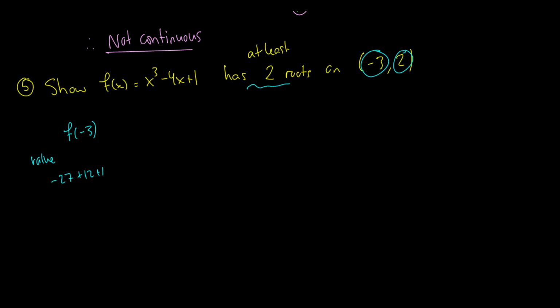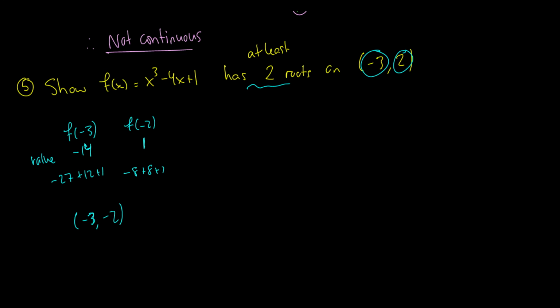So this is -15, so this is -14. Okay, that's a really big number. Let's check out f of -2. Well, this will be -2 cubed, which is -8, minus 4 times -2, which is plus 8, plus 1. Okay, so that's 1. So we know there's a root between -3 and -2.